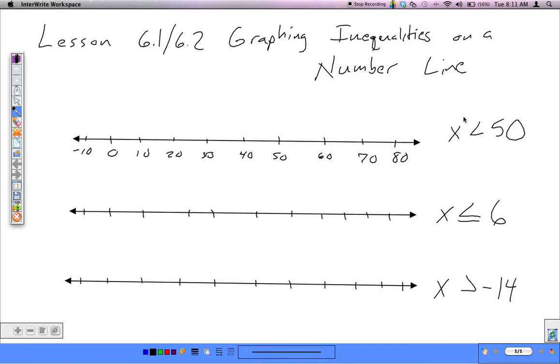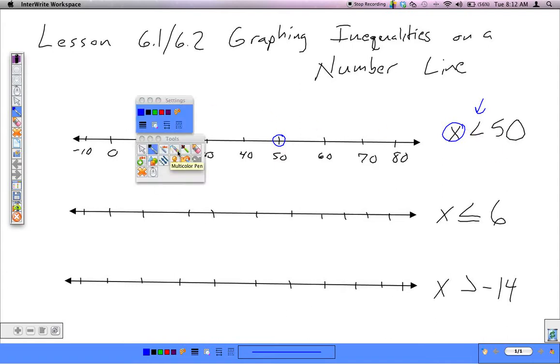Okay, now what this gives away is that a less than only sign means that the dot going on the number has to remain open. And because my variable is on the left, and this variable that we're trying to represent all the numbers possible for this situation is less than, then we have to go with the numbers that are lower than.